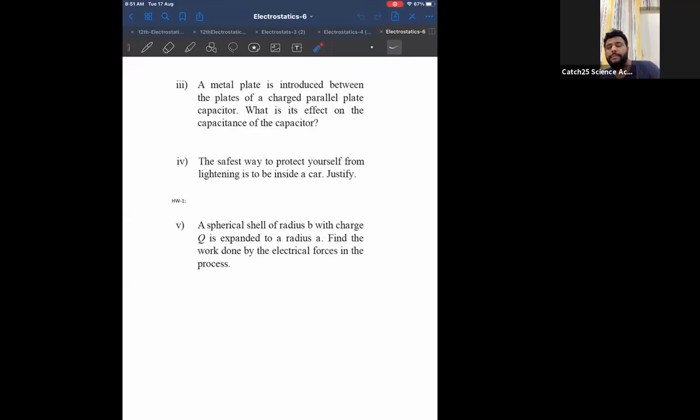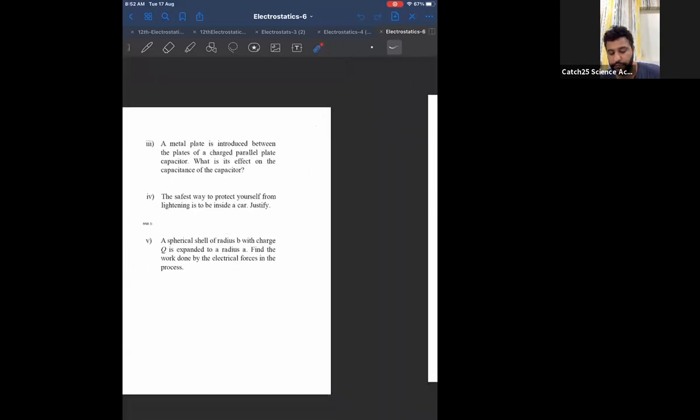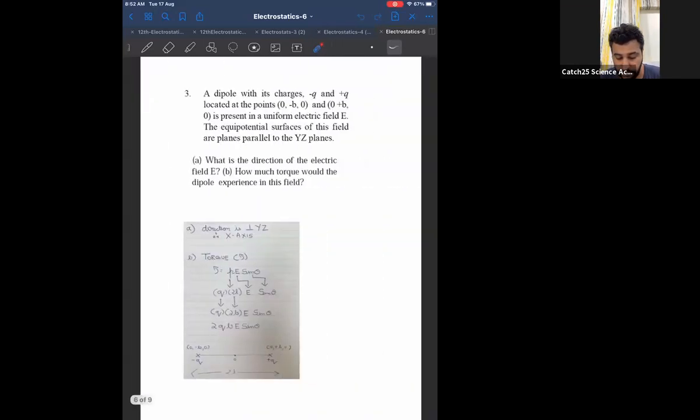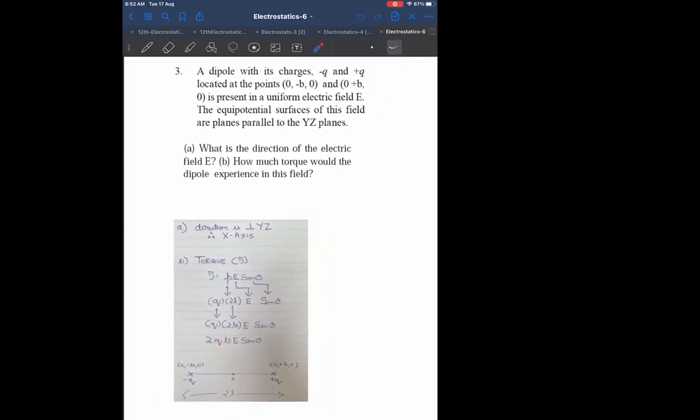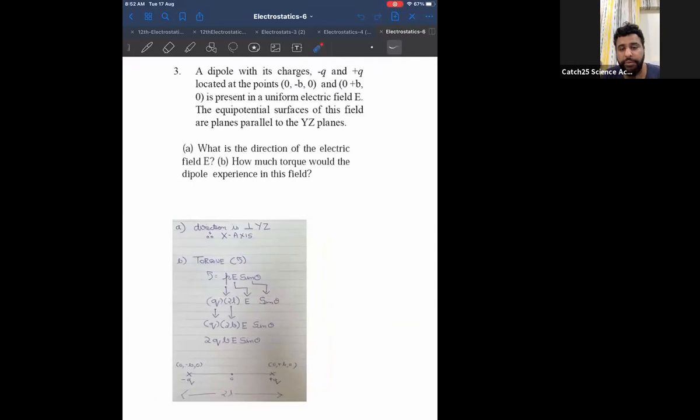Okay, Sahitya, any vehicle, car, bus, not a bike, because you cannot go inside a bike.